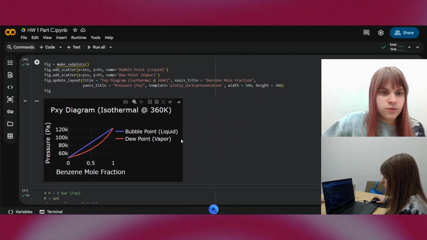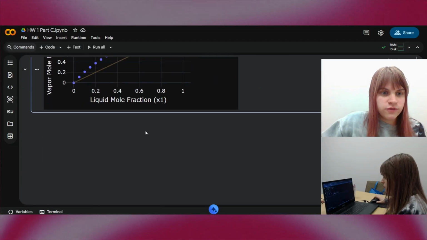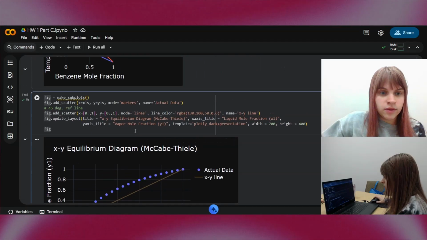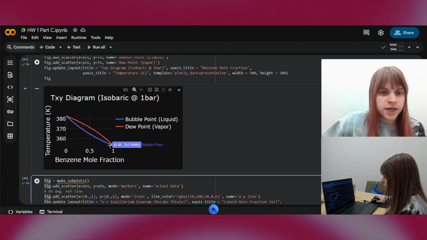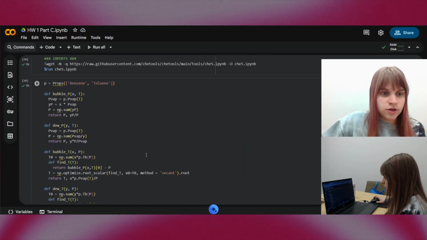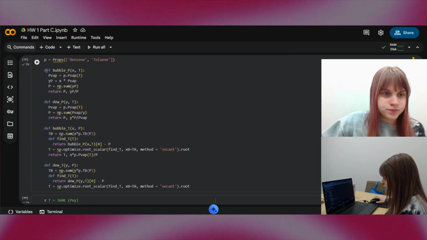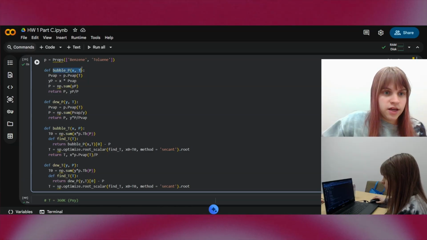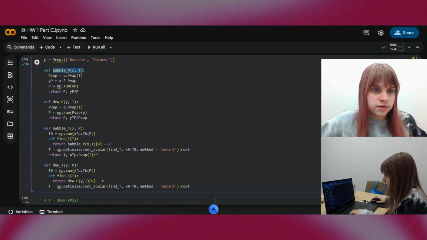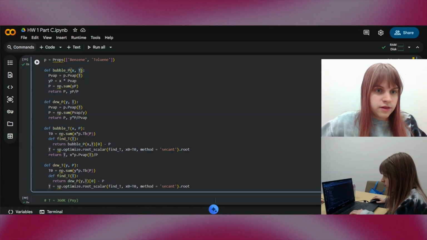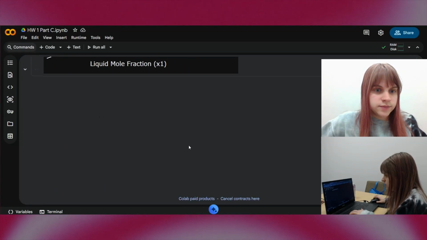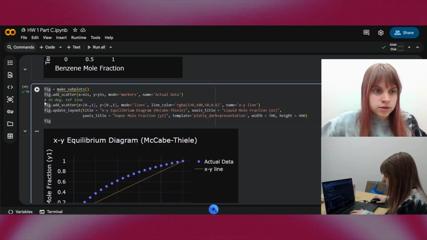You can use any one of these graphs to physically find values, and you could also go ahead and use this code here and give it these arguments, and it'll return the pressure and mole fraction.